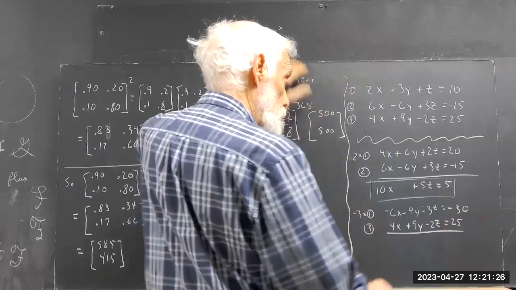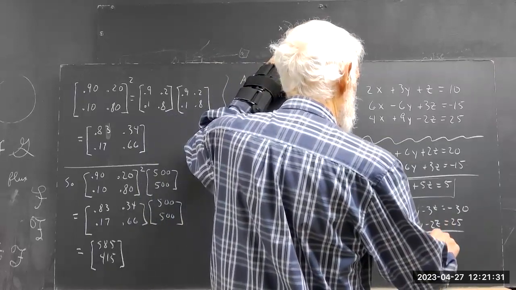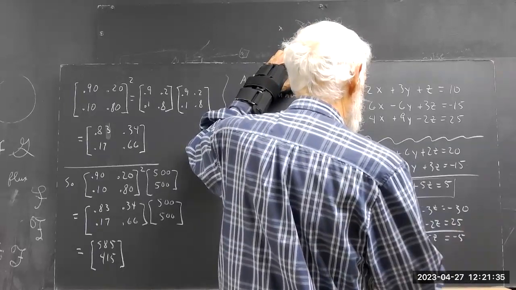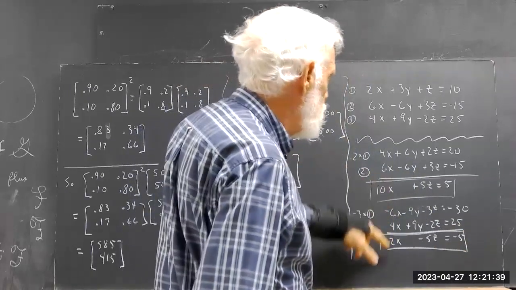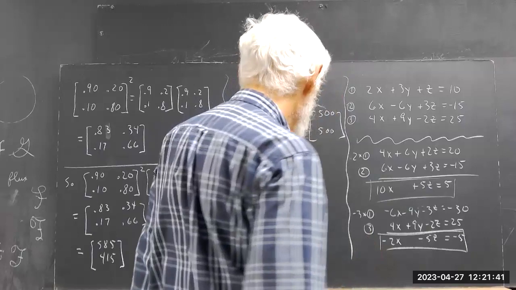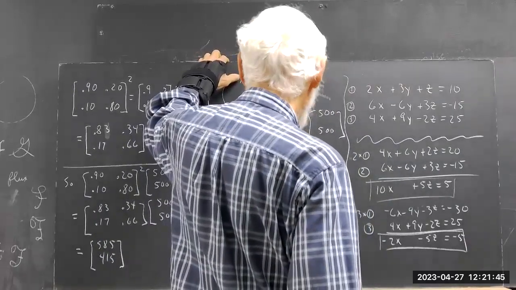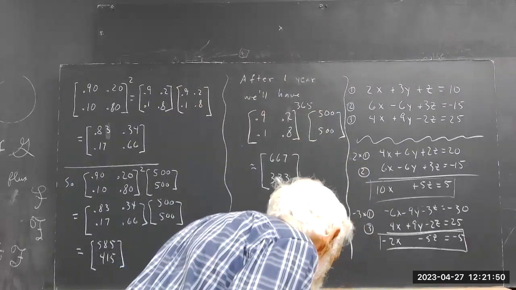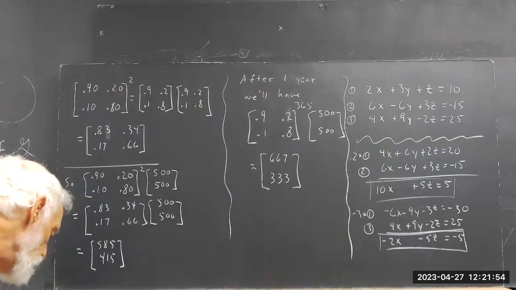When I add these two equations, I get -2x minus 5z equals -5. Okay, so now I've got two equations in x and z. So now I need to solve this system.